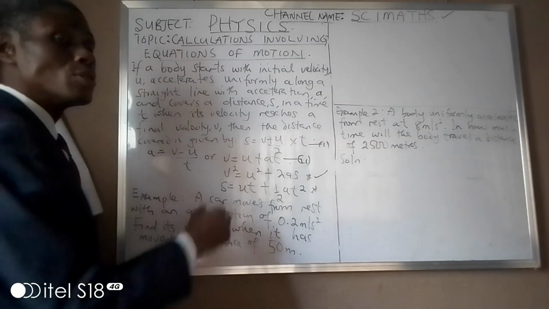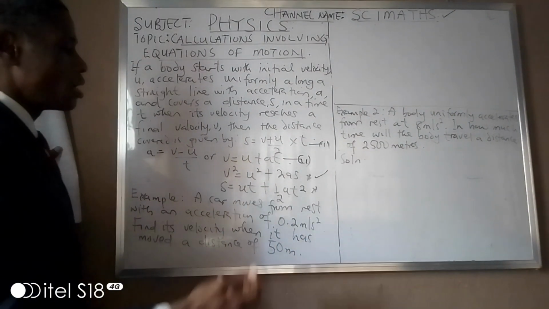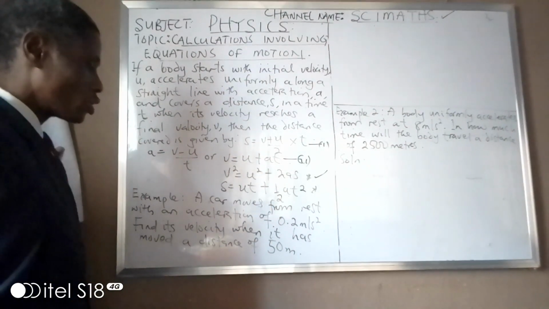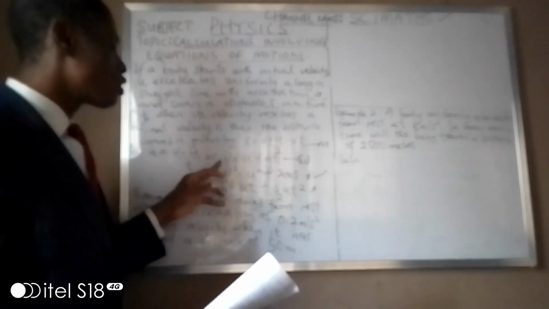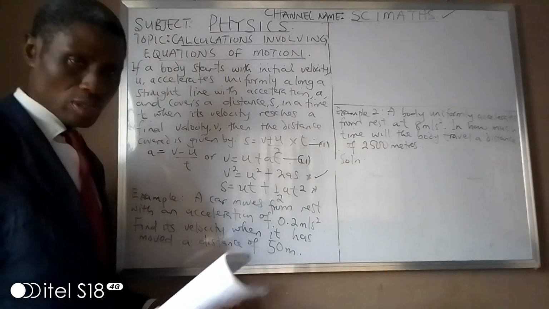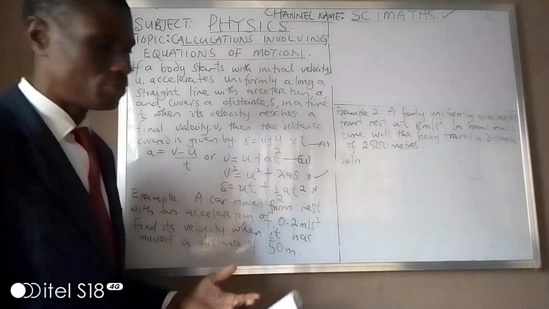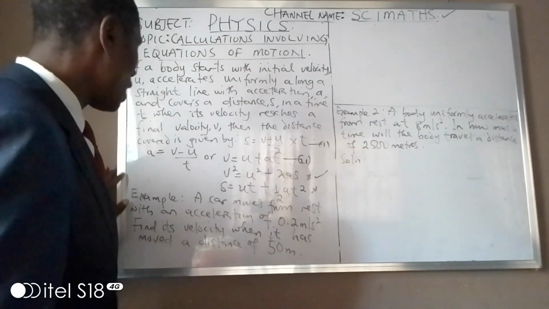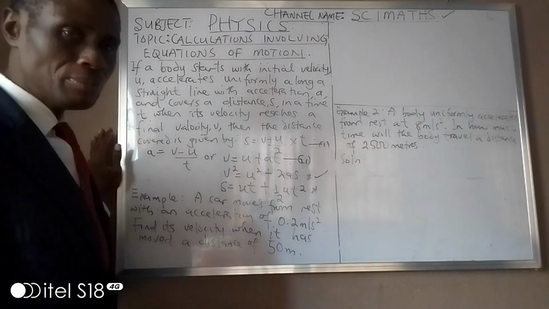As usual, u is your initial velocity, t is the time taken, and a is your acceleration. So what we are trying to say here is that all these four equations of motion are going to guide us in how to solve problems that involve what? Motion. Fine.